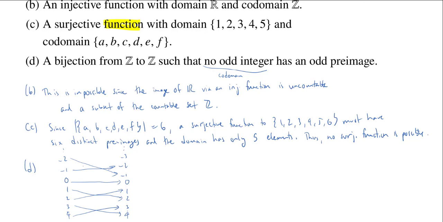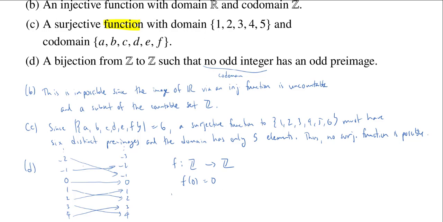Now can we write this out explicitly? Well, let's see. I want to have a function f from Z to Z, and there's maybe a special thing going on with 0, so maybe we'll write that explicitly. f of 0 is equal to 0. But now, what if I have an odd integer? Well, I want to send it to basically one more than itself, at least for the positives.